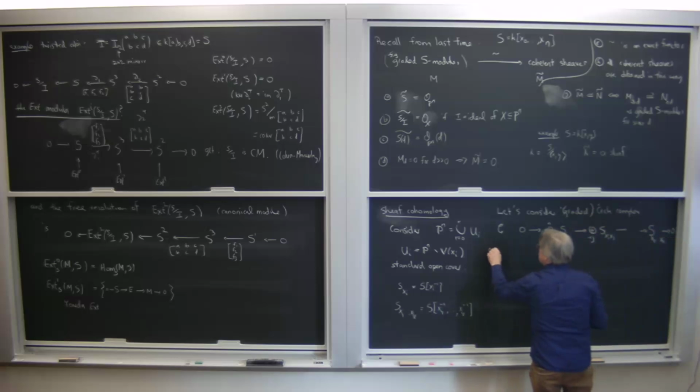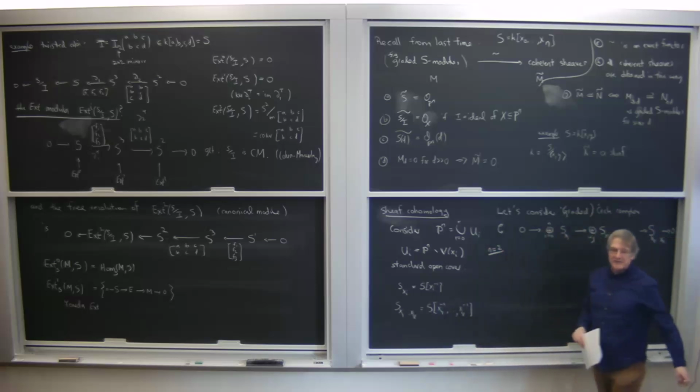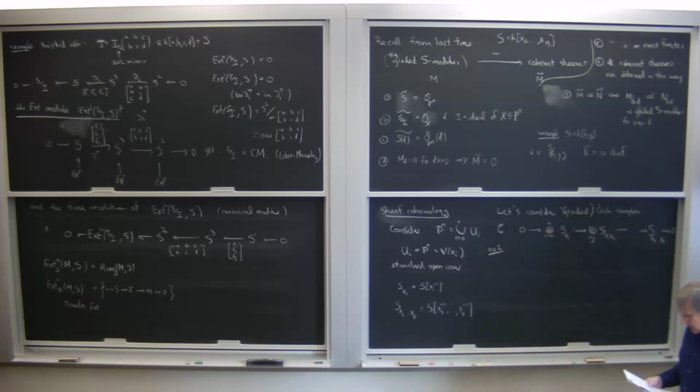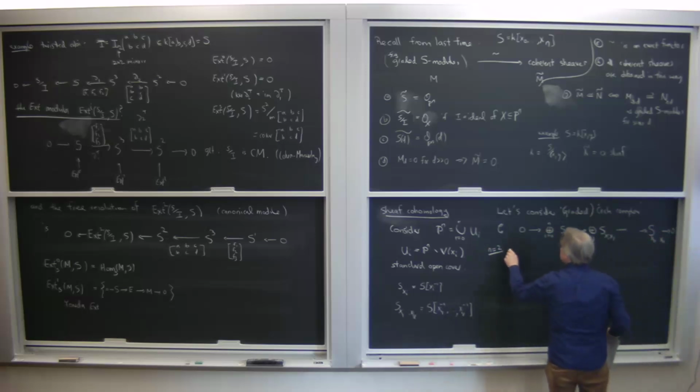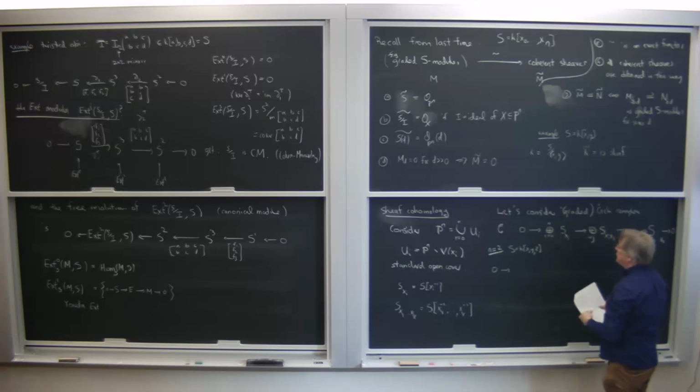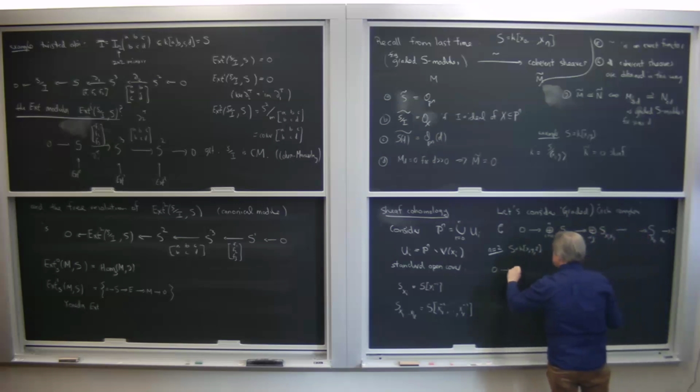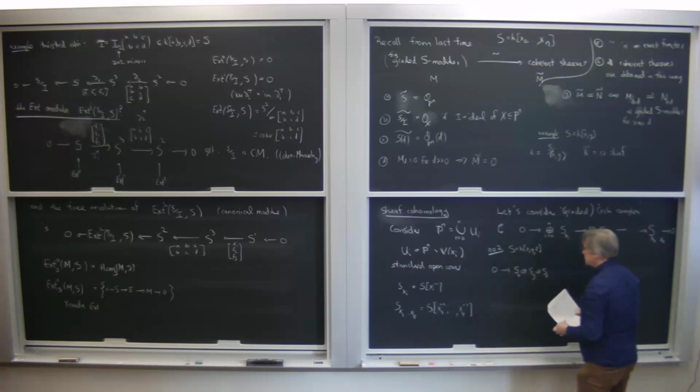Let's say what it is for n equals 2, just to be able to fix it in everyone's brain. Okay, so here we'll do S as k of x, y, z. And what is this thing? So it's 0, and now we have a direct sum of 3 things, one for each one of these. So I'm going to say it's S sub x, direct sum S sub y, direct sum S sub z. Okay, is everyone okay with what these things mean at least?